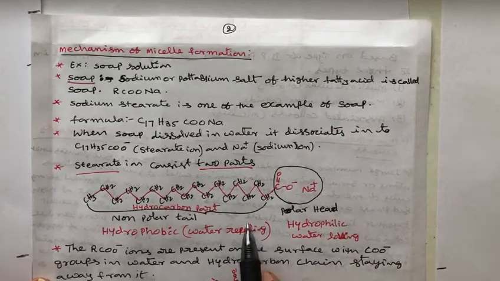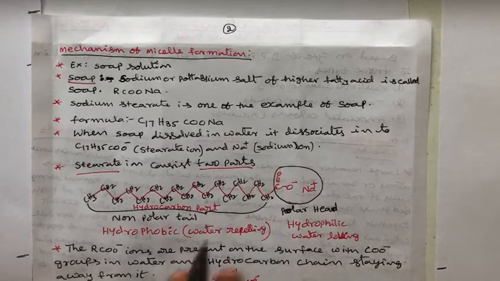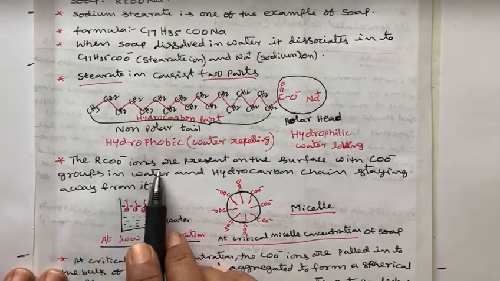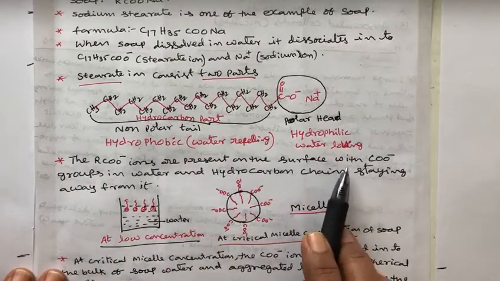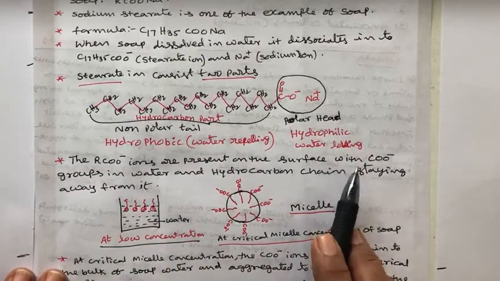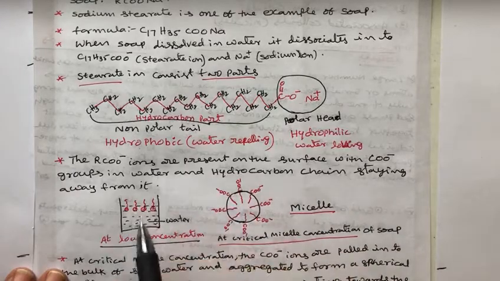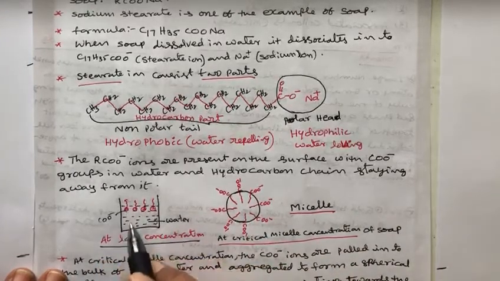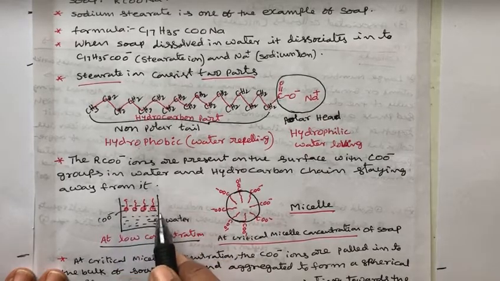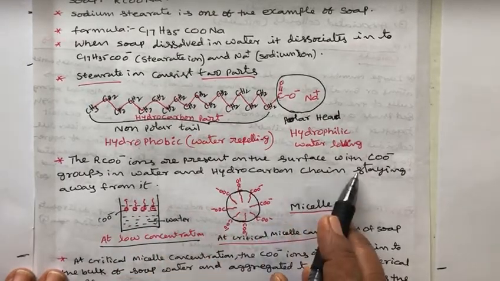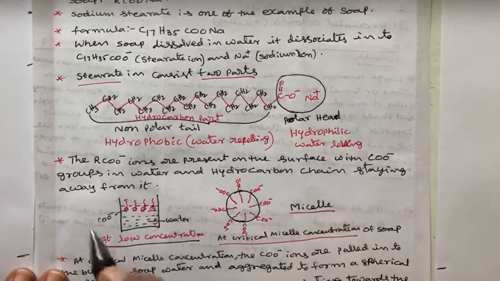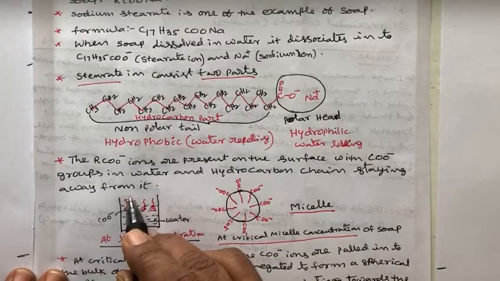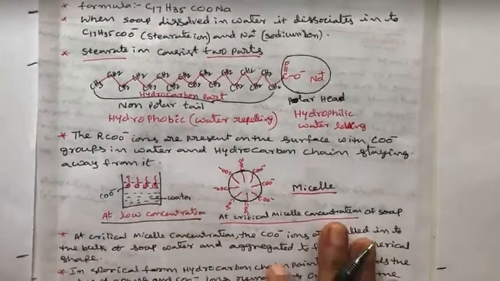When soap is dissolved in water, the RCOO minus ions, that is stearate ions, are present on the surface of the water with the COO minus ion group in water. This COO minus ion is in water, and the hydrocarbon chain, that is the hydrophobic part, stays away from the water.